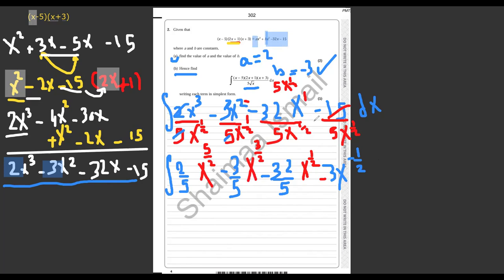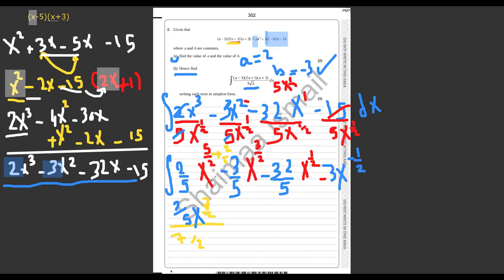And now we have to add 1 to the power, then divide by the new power. So we add 1 here, which is 2 over 2, so the power here would be 7 over 2. And this term will be divided by 7 over 2. So here 2 over 5, x power 7 over 2.